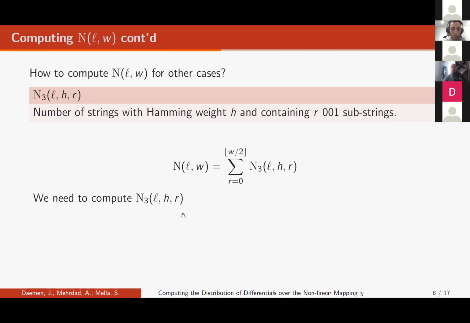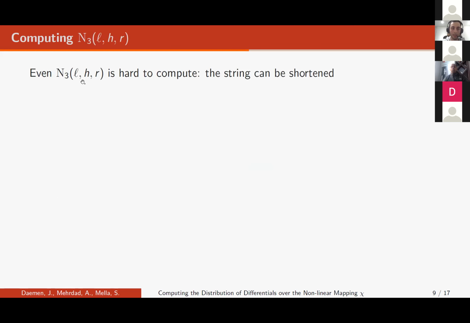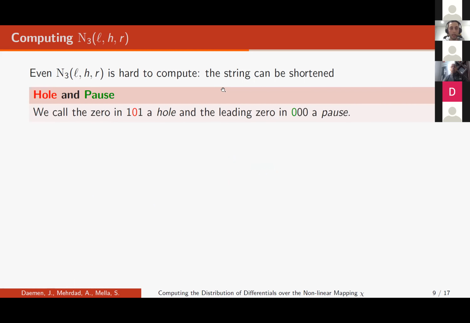So now we need to compute N3 of L, H, and R. Even N3 is hard to compute, but what we can do here is shorten the input string. It means that we can delete or remove some bits of the input that don't affect the restriction weight, since the restriction weight only depends on the Hamming weight and 001 strings.